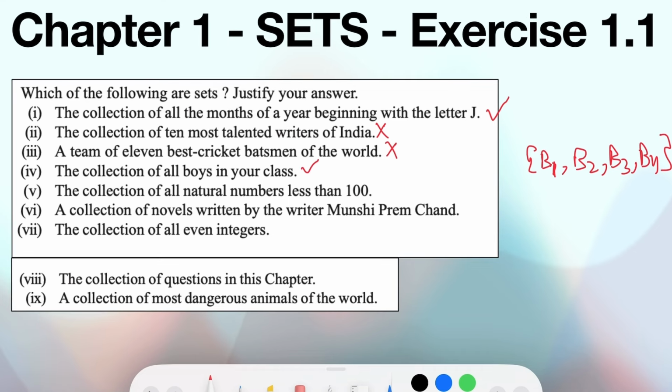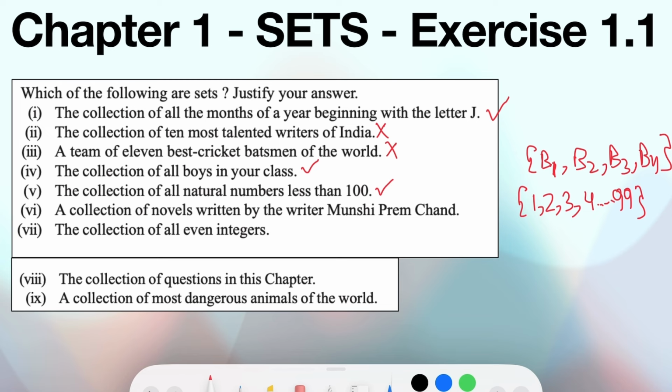The collection of all natural numbers less than 100. If we try to represent all natural numbers less than 100, they can be represented in roster form as 1, 2, 3, 4 and so on till 99. So it is a well-defined collection of elements which are natural numbers less than 100. So it can be considered as a set.